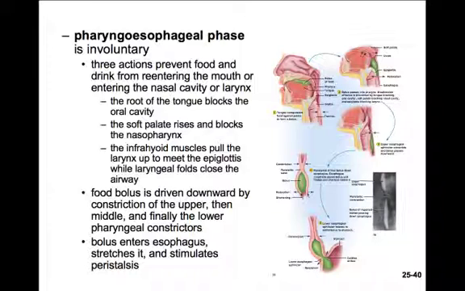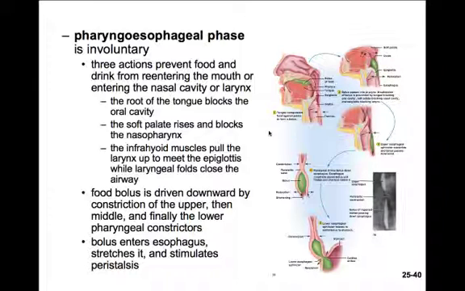The pharyngoesophageal phase is involuntary. There are 3 actions that prevent the food from re-entering the mouth or entering the nasal cavity or larynx. We have, first of all, the tongue blocking the oral cavity, and the soft palate raises and blocks the nasopharynx.